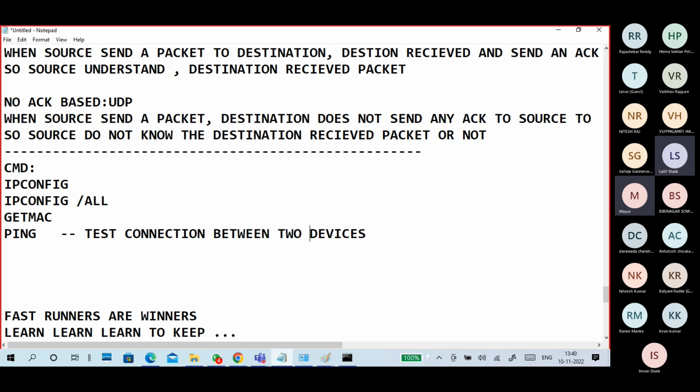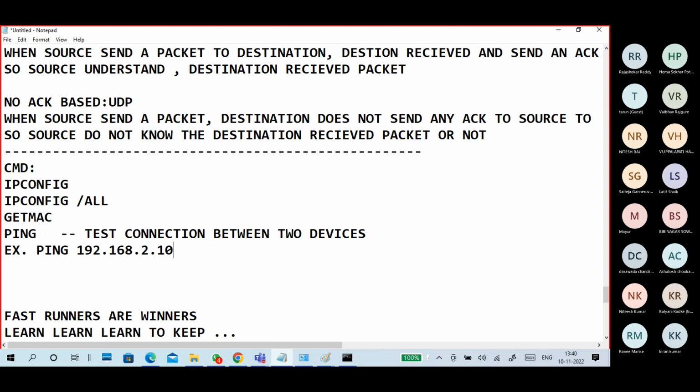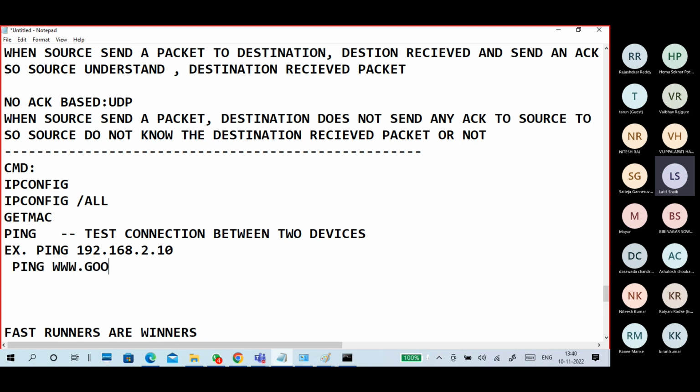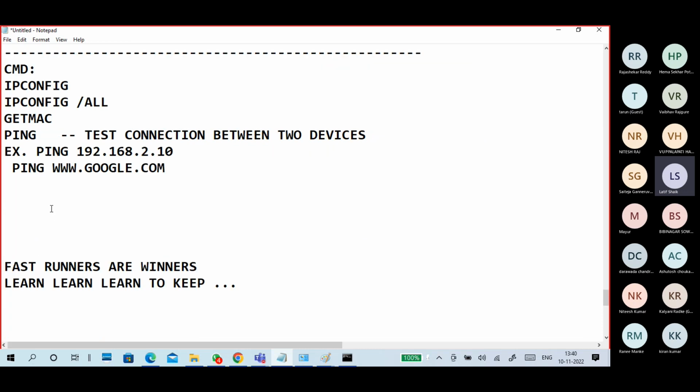We use ping, for example, ping IP address, meaning the destination IP address. Or you can use ping www.google.com, so with the name also you can ping. You can ping with an IPv4 address or IPv6 address.